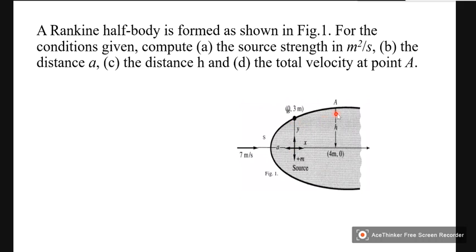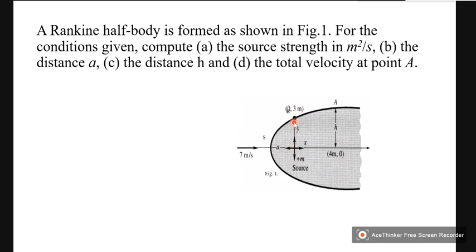You are given 2 points, A and B. The coordinates of point B are 0 and 3. That is, y is equal to 3 and x is equal to 0.